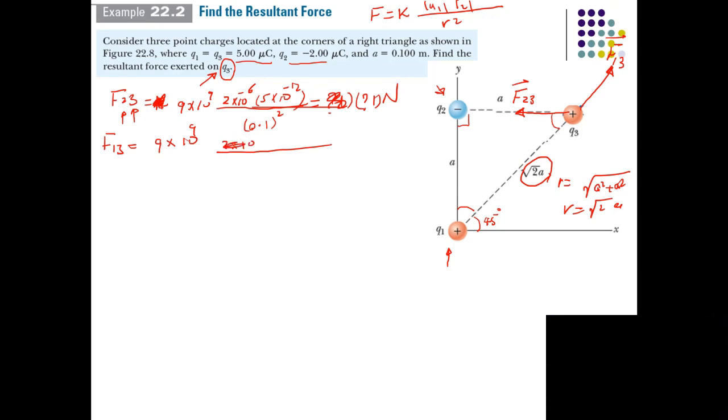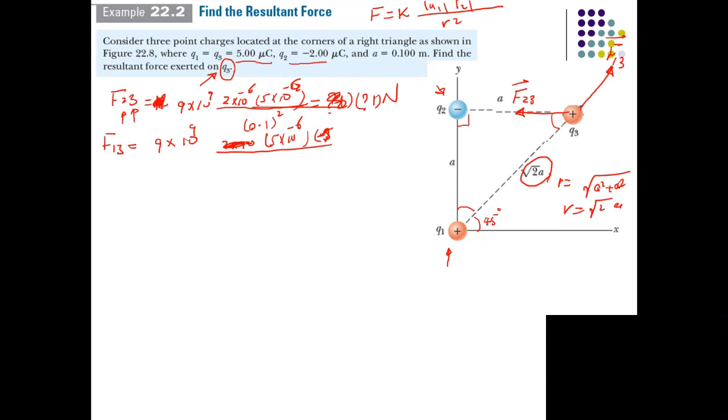It's between 1 and 3, so, actually Q1 is 5, sorry. 5 times 10 to the power minus 6. And Q3 is 5 times 10 to the power minus 6.